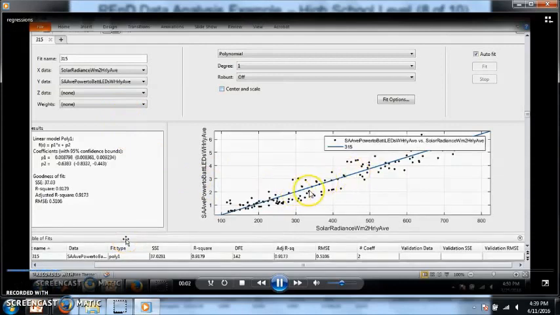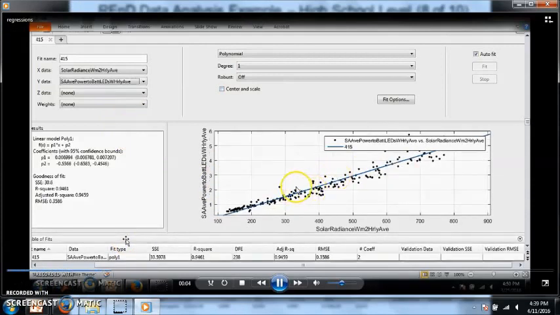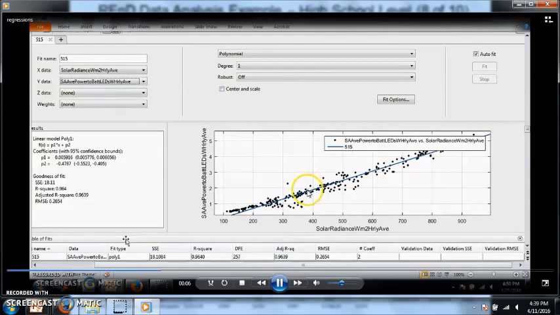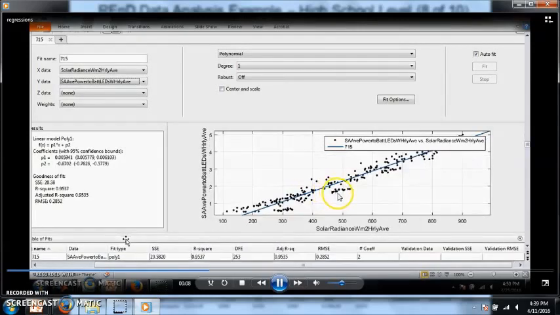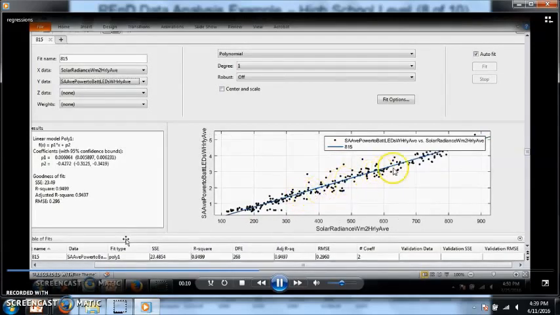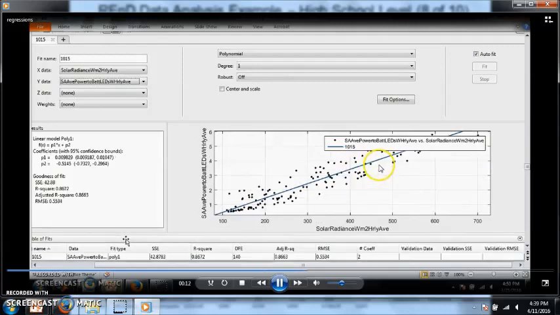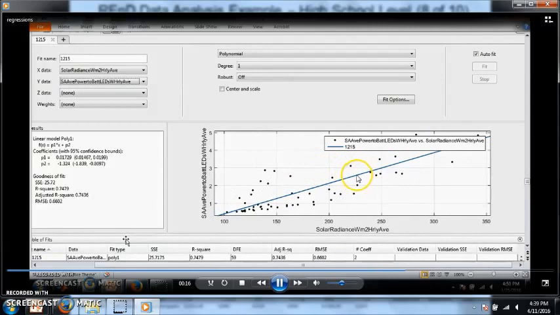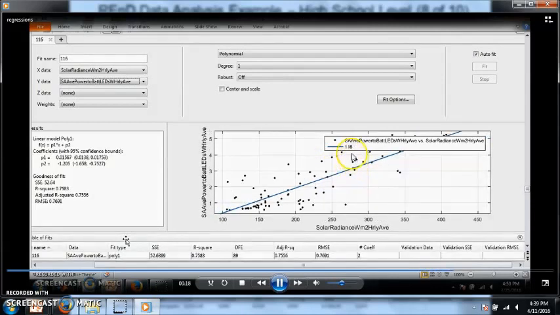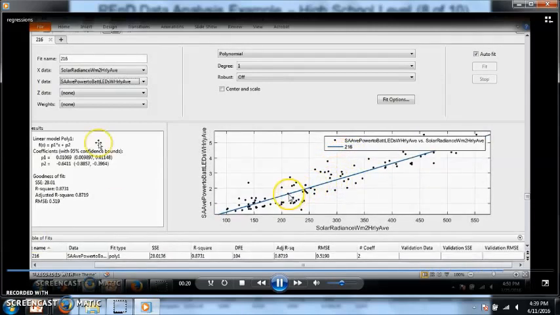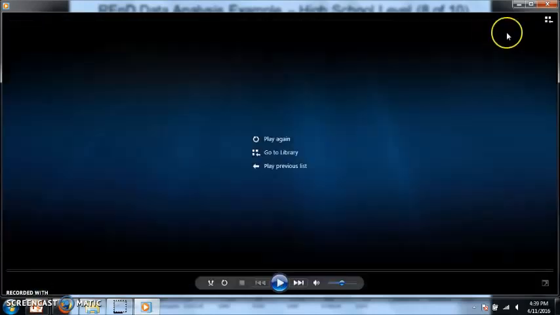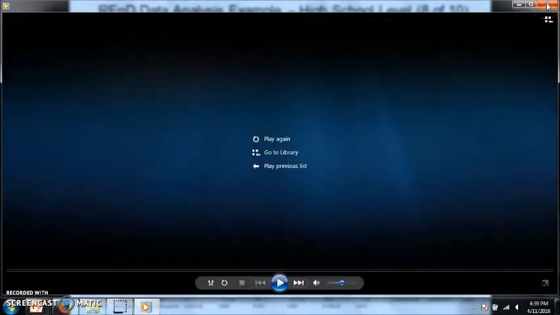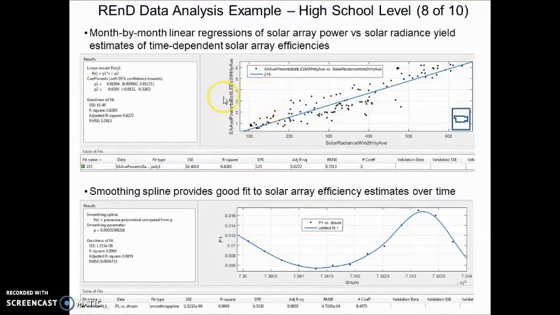And we see here that as we get into March, April, May, June, July through the summer months, we're getting some very good fits. We're getting quite a bit of data. As we get later in the year, we get less data. We get not as strong a fit. But basically, the data does follow a linear trend over the course of these time frames.